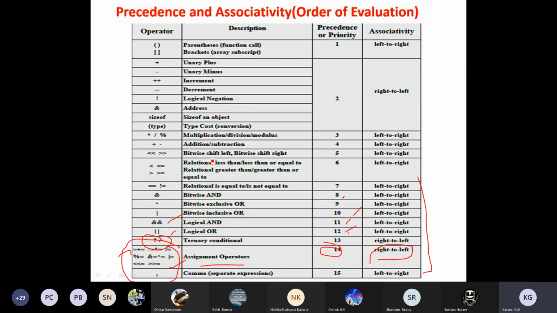Whenever you evaluate an expression, you have to evaluate according to the priority assigned. If operators of the same priority come in the equation, then you have to look into the associativity, whether to scan from left to right or right to left, and whichever comes first has to be evaluated first. Is it okay?